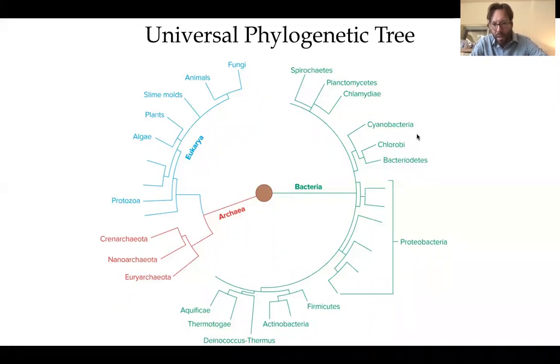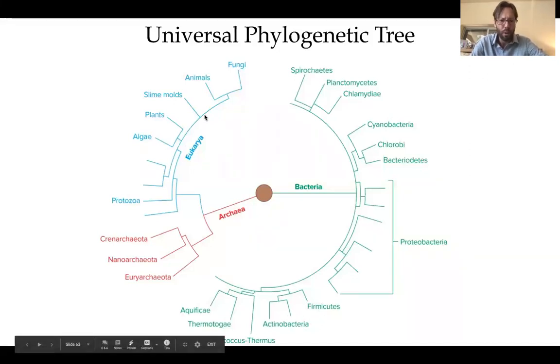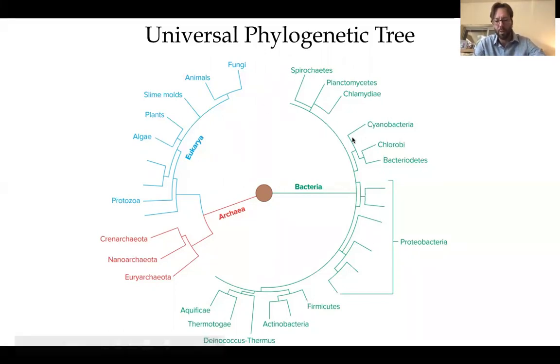So cyanobacteria and Bacteroides are going to be more related to each other than the firmicutes and the actinobacteria are. Right? You don't need to memorize this, okay? But this is just showing you another phylogenetic tree, which goes back to chapter 1 when we were talking about what phylogeny is, okay? And it's how we classify different living organisms to see how closely or how distantly related they are to each other.